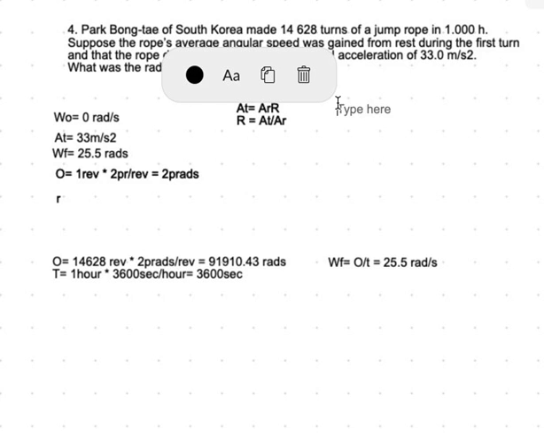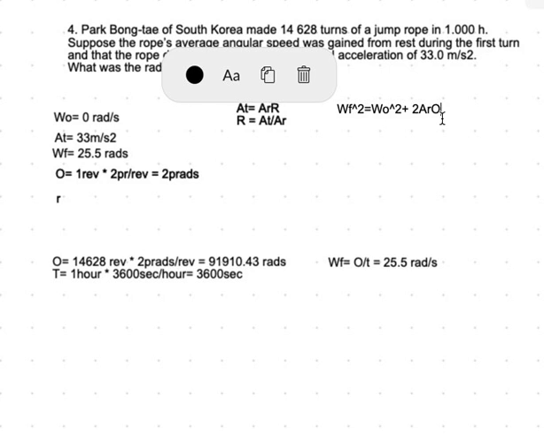So the first thing I'm going to do is check those kinematics formulas and find one that can find angular acceleration if I've got the displacement, the initial speed, and the final speed. And luckily there is one. We've got final speed squared is equal to initial speed squared plus 2 times the angular acceleration times theta.